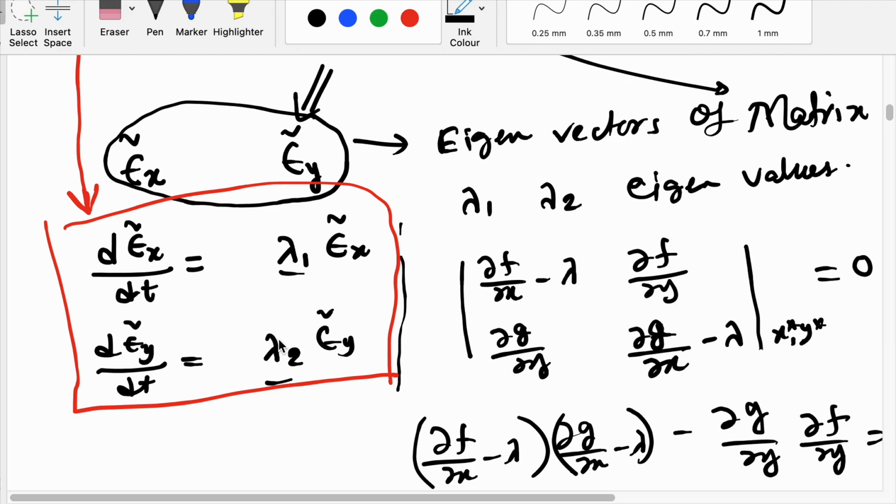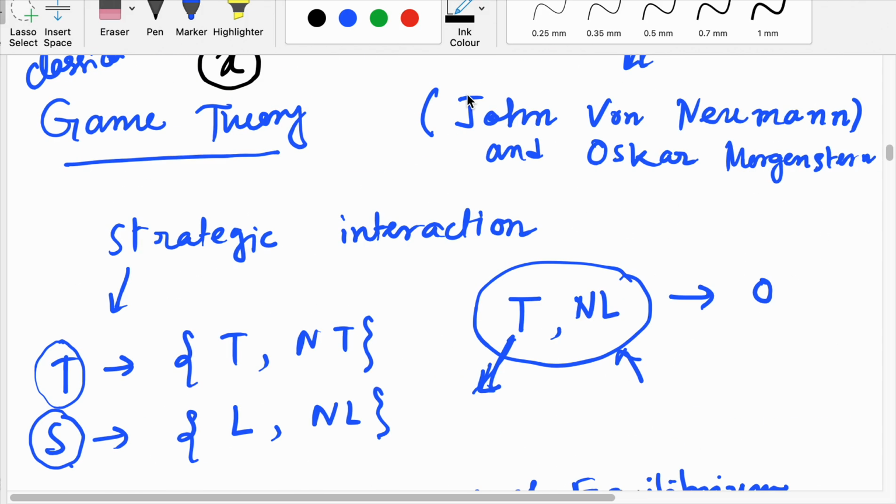Then if this lambda comes out imaginary, and you solve it, you find that if I start near my fixed critical point, the trajectories will oscillate in this way. So if I go nearer to my fixed point, it will not go towards the equilibrium or move apart from the equilibrium, but it will oscillate around it.